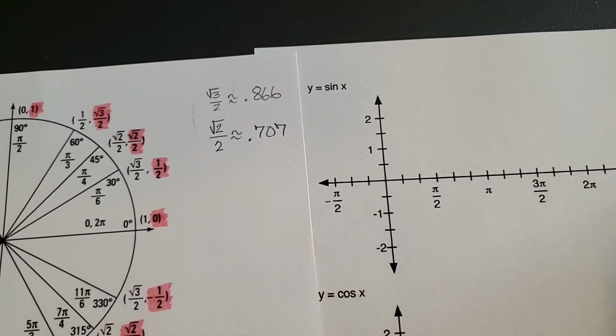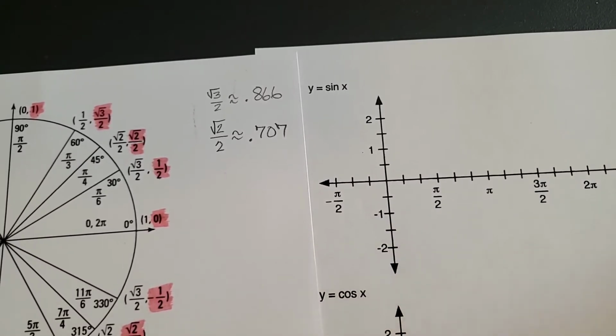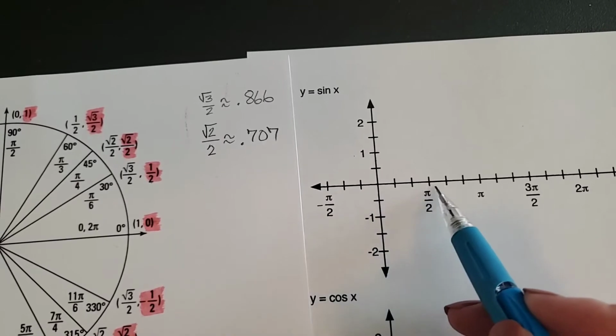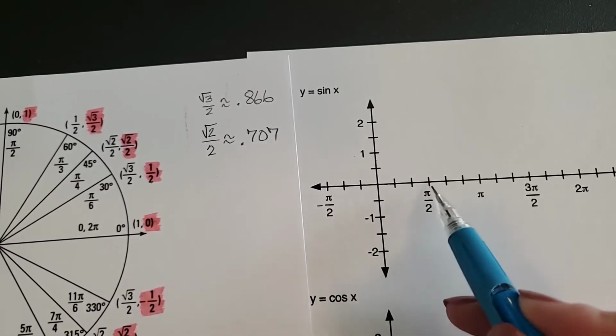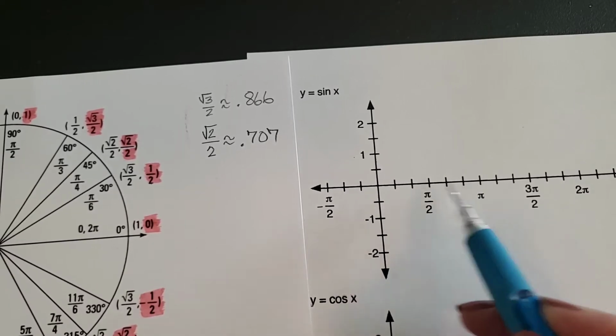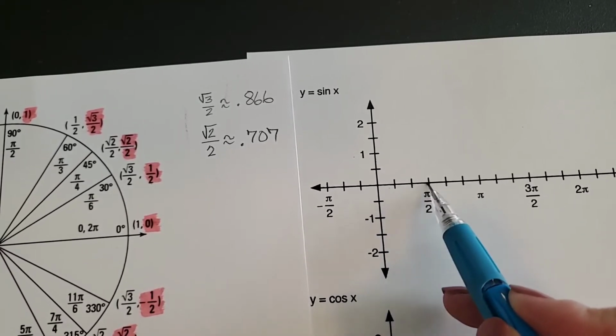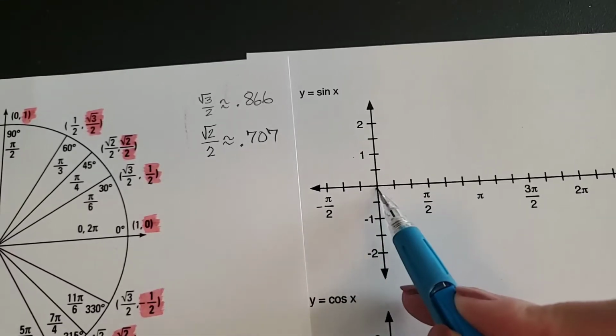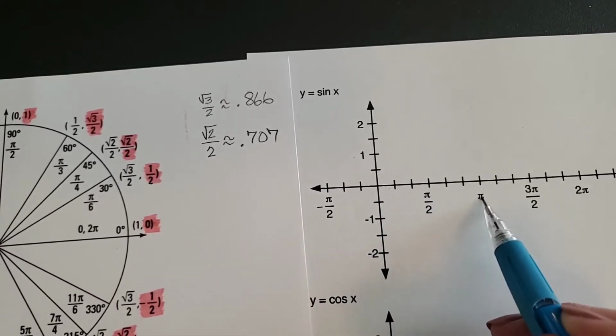The horizontal axis has all of those radians. And if you notice, I have split this horizontal axis into those pi/6 increments. There are 6 tally marks between 0 and pi.